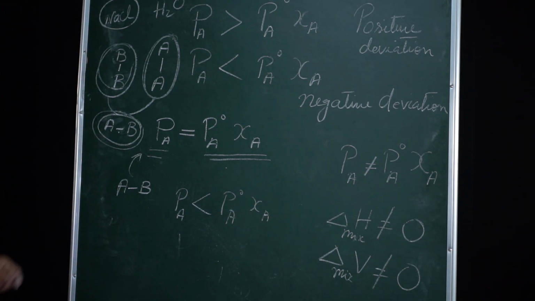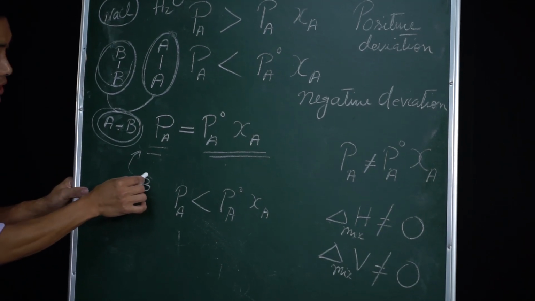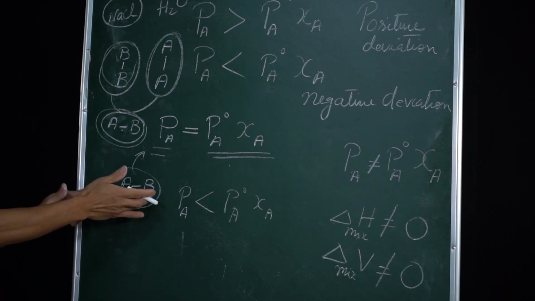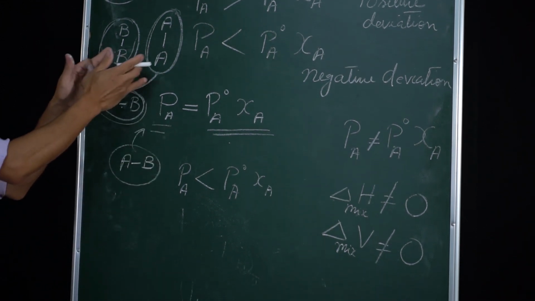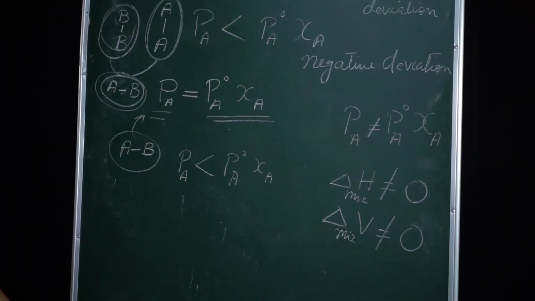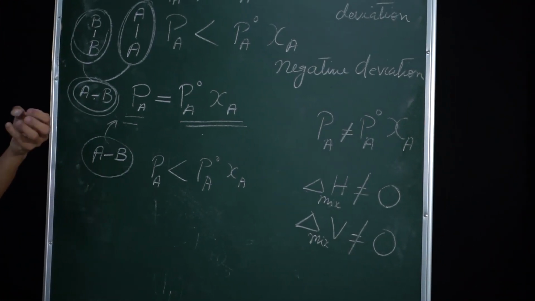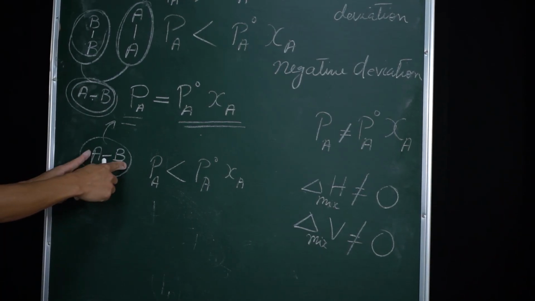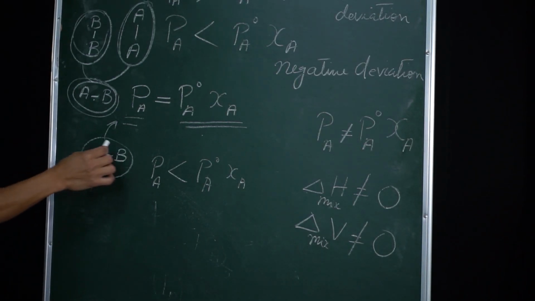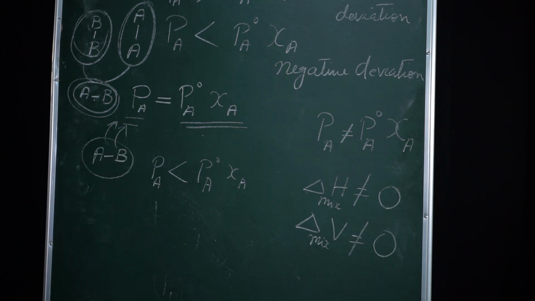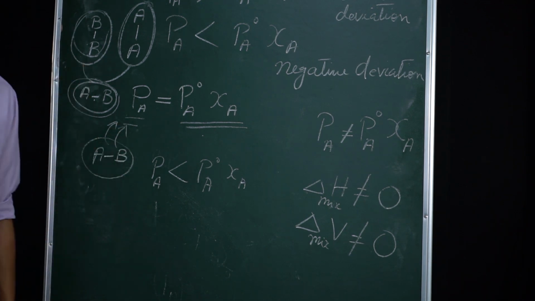On the other hand, if the AB interactions are weaker than the BB and AA interactions, then the weaker bonds can be broken easily. That means the molecules can be separated from each other easily. More molecules will go into the vapor phase, and therefore the vapor pressure will increase.